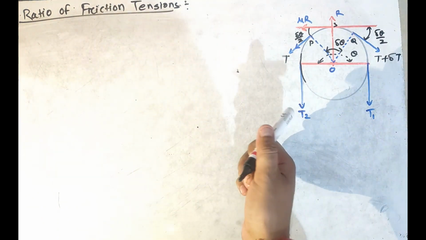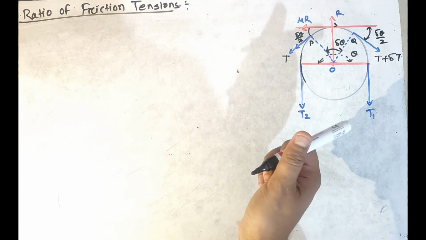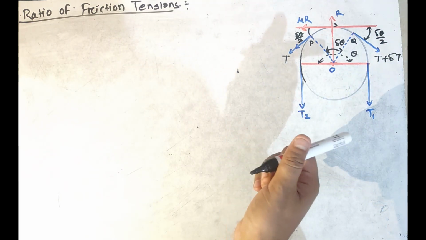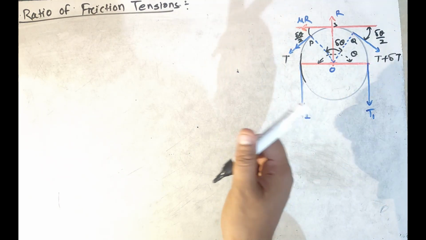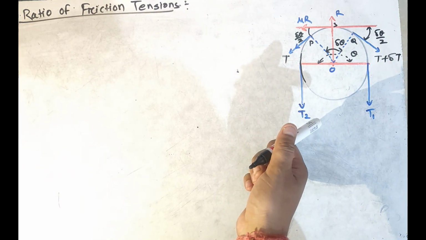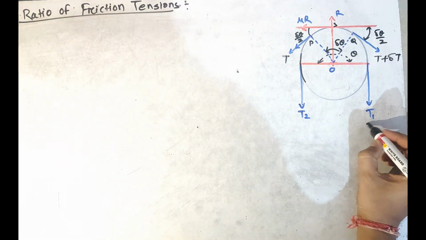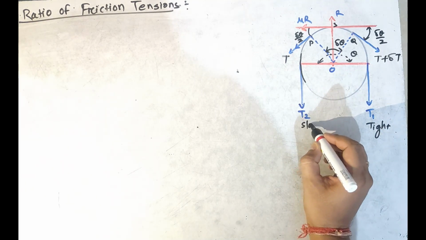For that I have drawn a typical diagram where I have shown only one pulley, and we have to consider all the forces generated due to the tension of these two sides. Let T1 and T2 be the tensions, this one for the tight side and this one for the slack side.